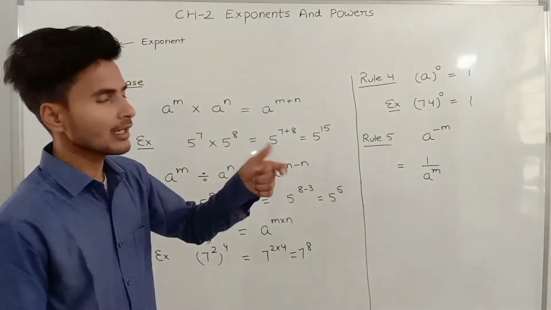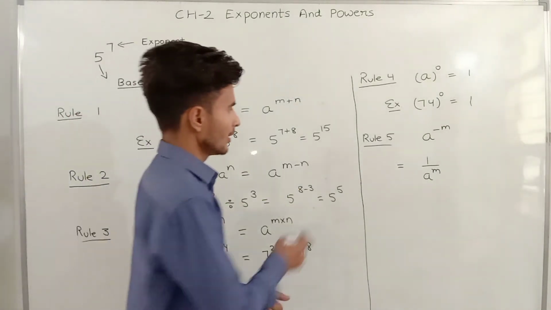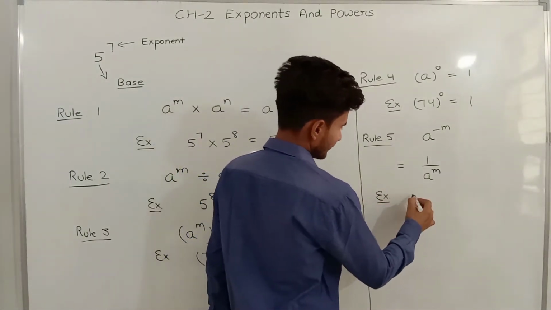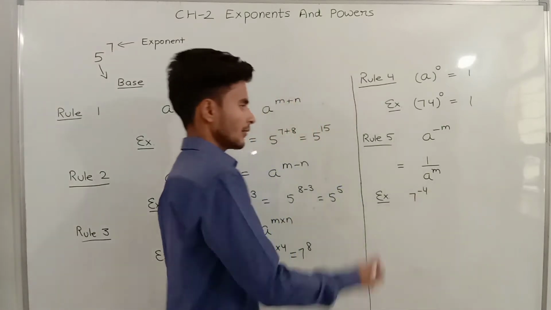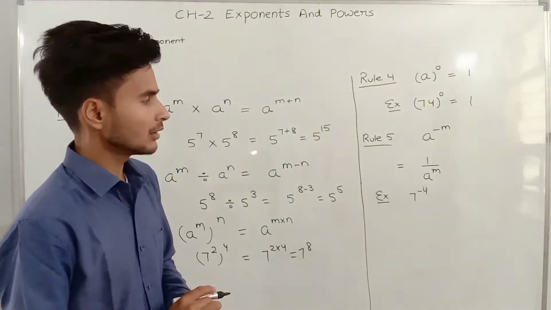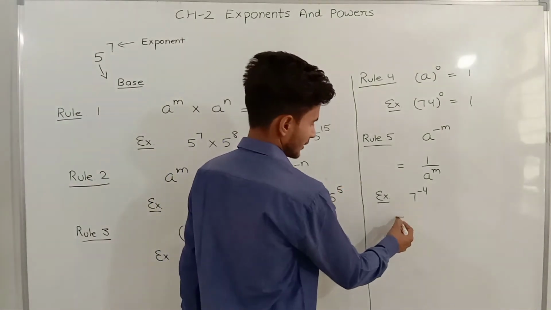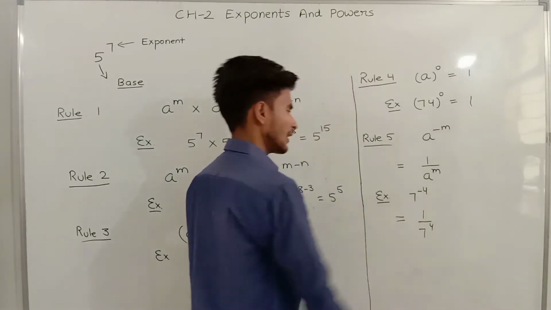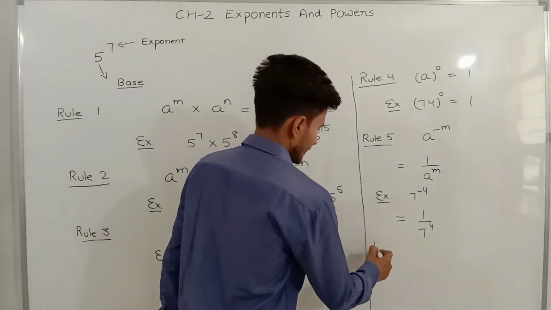You have to take reciprocal and your power will become positive. For example, suppose you have 7 power minus 4 and you have to make the power positive. How can you do it? You can write 1 upon 7 power 4 and power will become positive. That is your answer. Rule number 6.